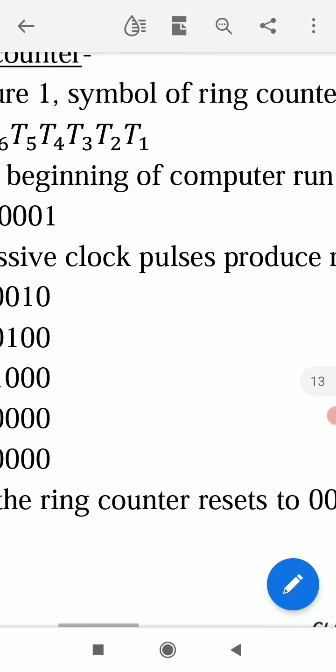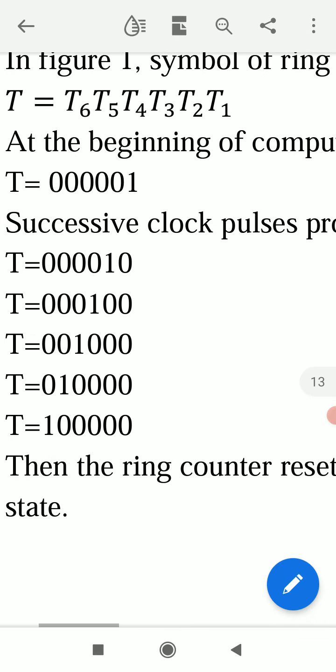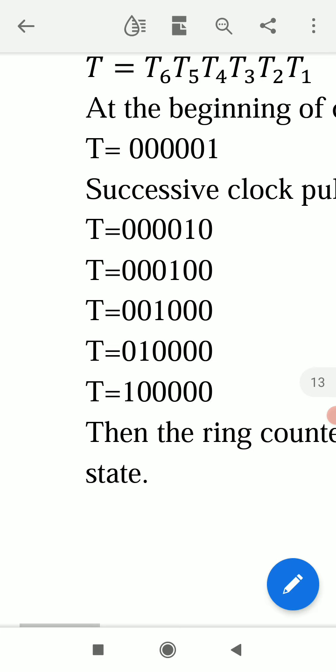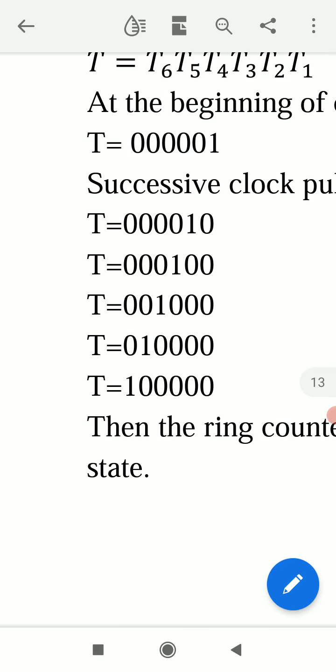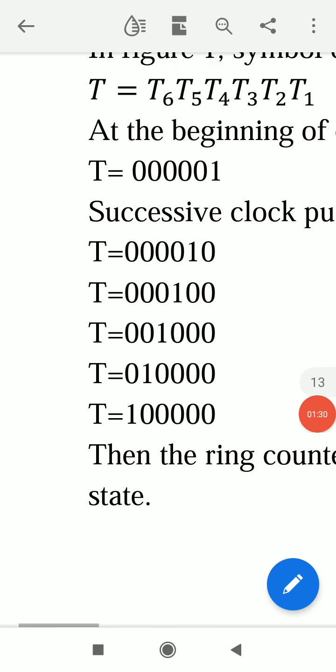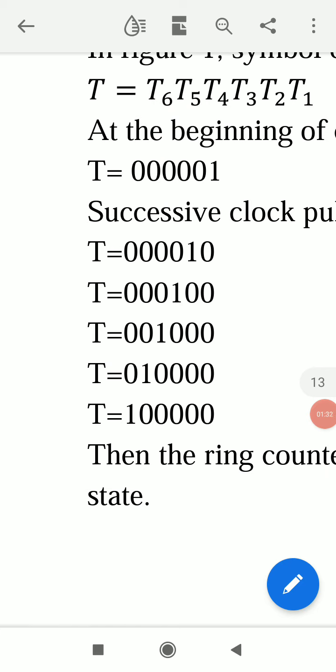Successive clock pulses produce these ring words, in which this one shifts from right to left, and we have these 6 T states. In first T state, T1 is 1, other bits are 0. Next T state, T2 is 1, other bits are 0, and so on.